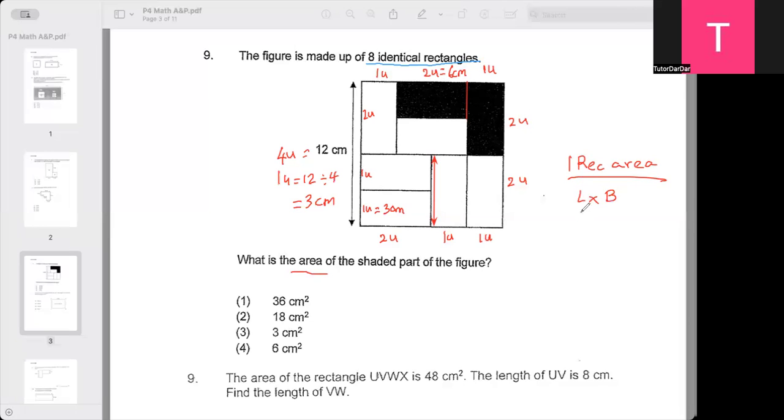The length is 6 and the breadth is 3. So it is going to be 18. This is for one rectangle. They say the shaded part of the figure, the shaded part is, you can see, one rectangle, 2 rectangles. So 2 rectangles equal to 18 times 2, you will get 36. So the area of the shaded part of the figure is 36 cm square.